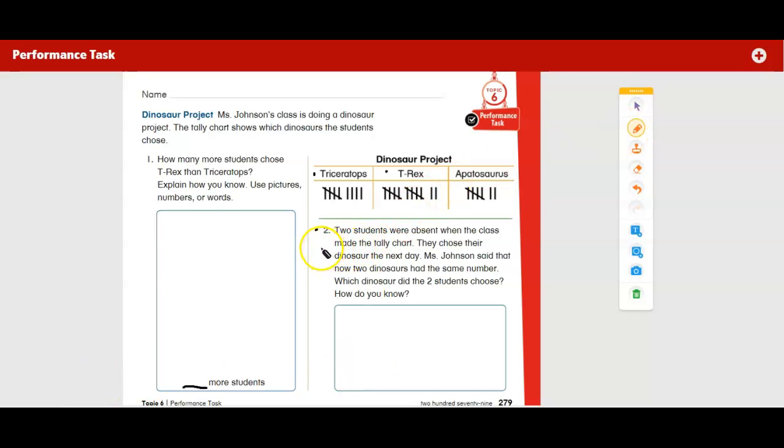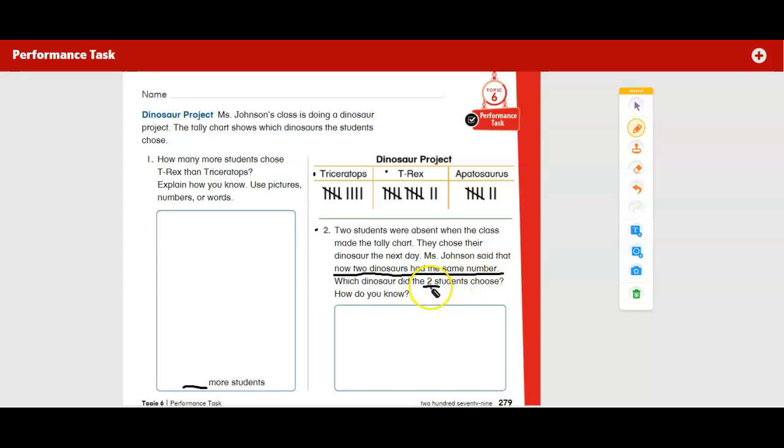For number 2, it is important to remember that we are now adding 2 votes to our tally chart. The 2 dinosaur votes that were added now show that 2 dinosaurs on our chart have the same number.